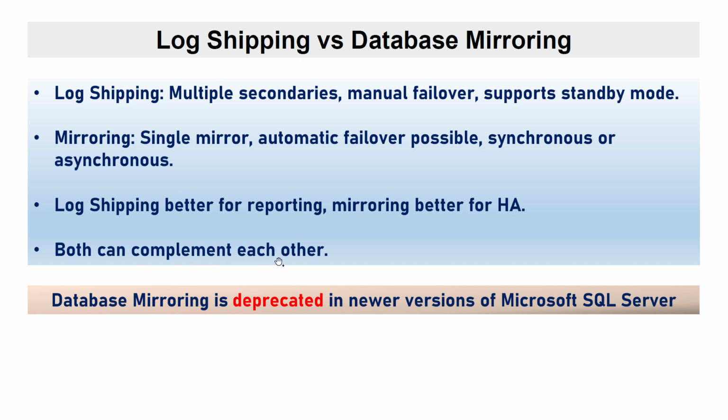Both can complement each other. What it means by complement is that for the same database you can configure the mirroring and the log shipping as well. Now remember one thing: although database mirroring can still be used in SQL Server 2025, it is deprecated in newer versions of SQL Server.